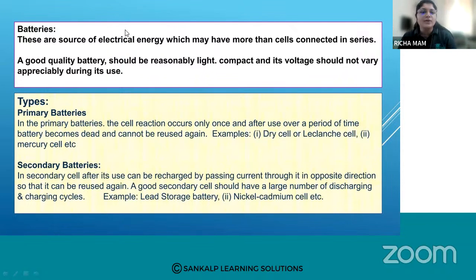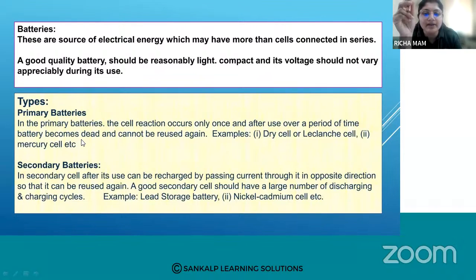So what are these batteries? Batteries are chemical sources of electrical energy. Some torches require such cells, the ones I showed you just now. With the help of these, the chemical energy is converted into electrical energy.